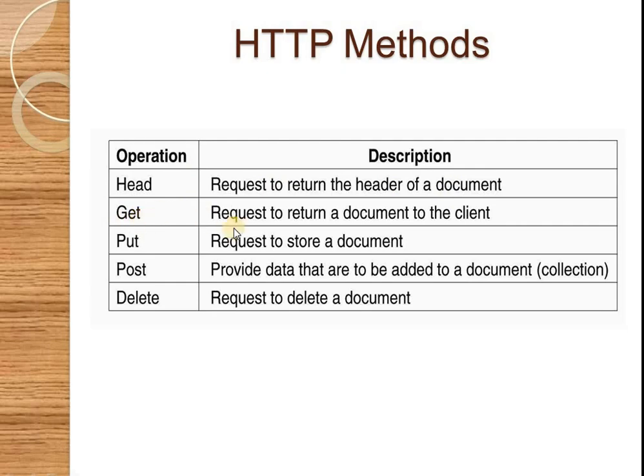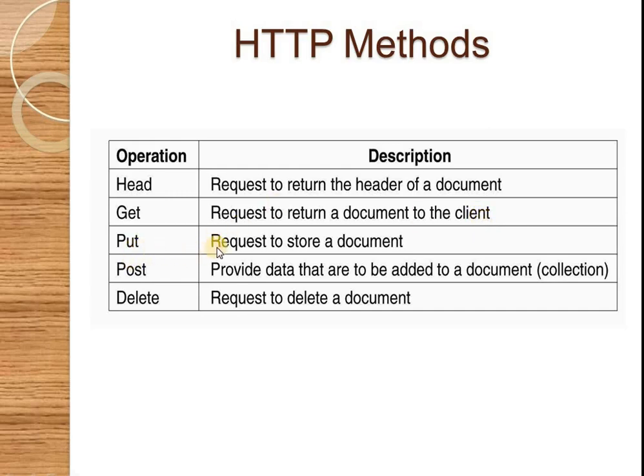This operation is used to actually fetch a document from the server and return it to the requesting client. It is also possible to specify that a document should be returned only if it has been modified after a specific time. The put operation is opposite to the GET operation.